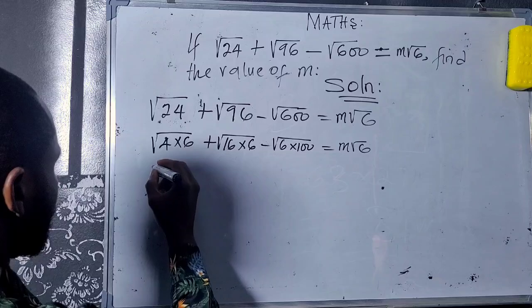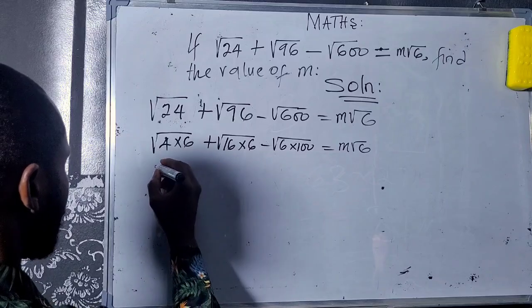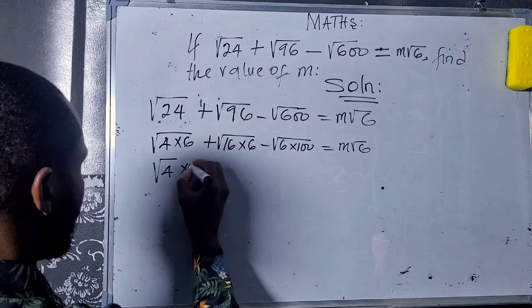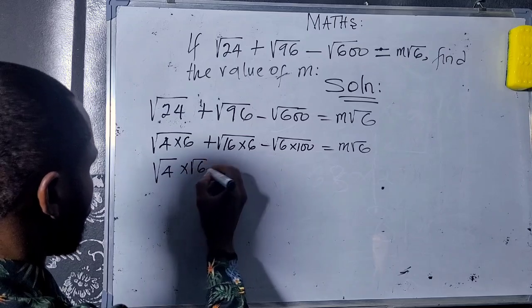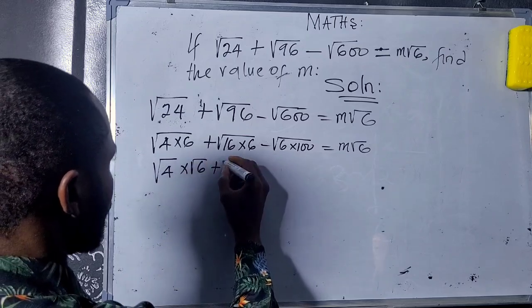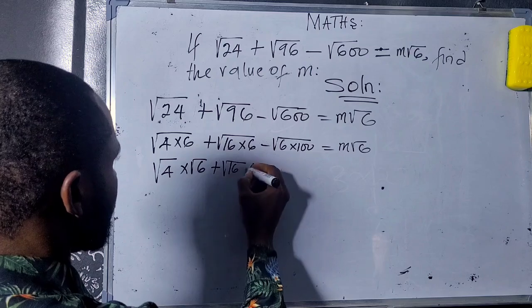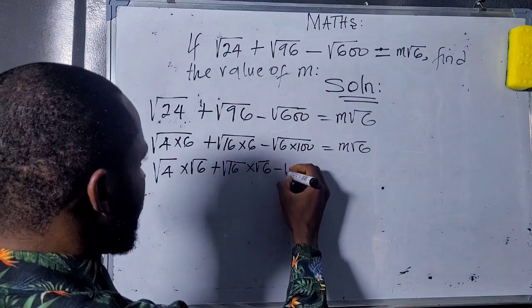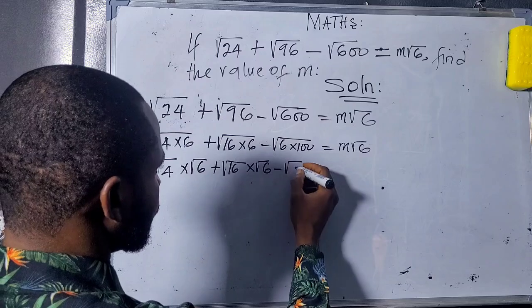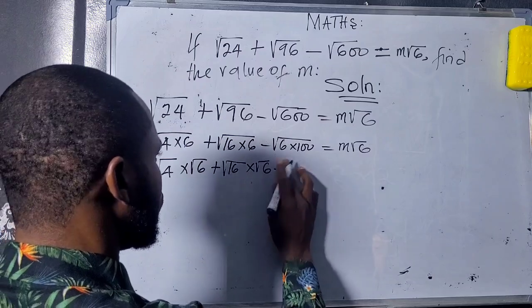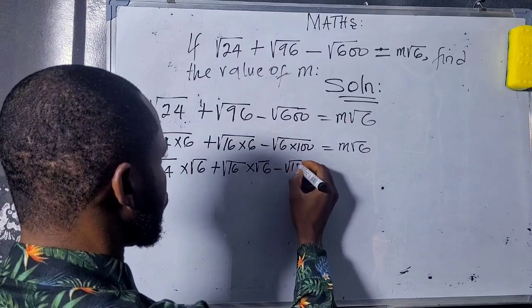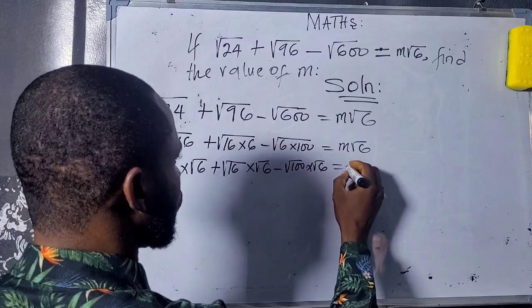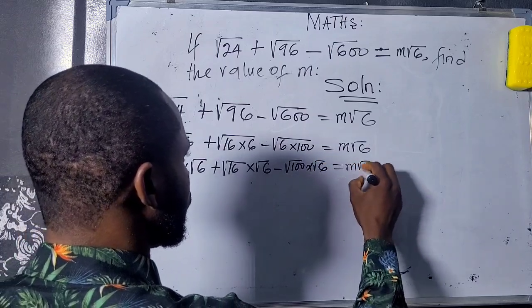We are going to have square root of 4 multiplied by square root of 6, plus square root of 16 multiplied by square root of 6, minus square root of 100 multiplied by root 6 equals m root 6.